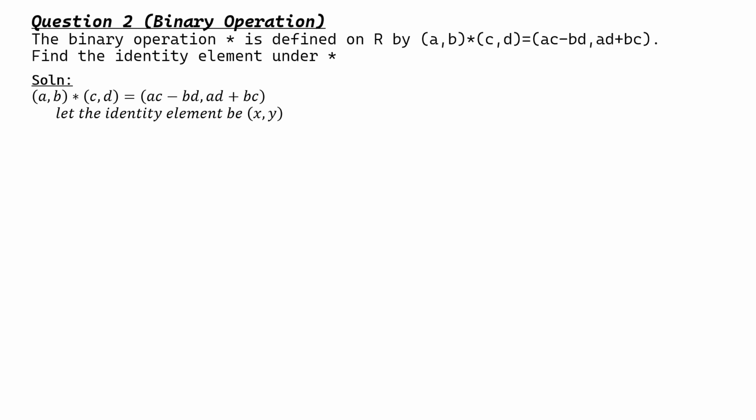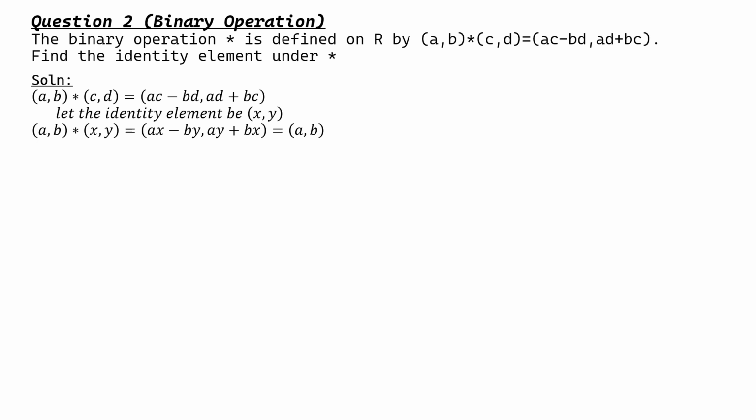So we use another coordinate form, xy. Now we are saying that AB star xy, so AB operating with xy. Anywhere you see C in the given operation, now X is taking that place. Anywhere you see D, Y is taking that place.